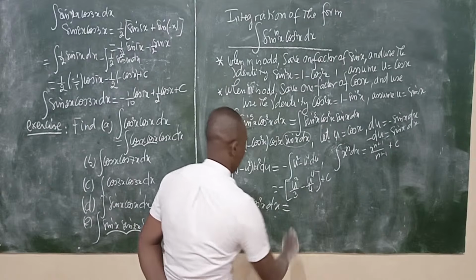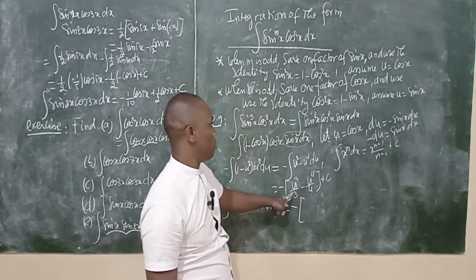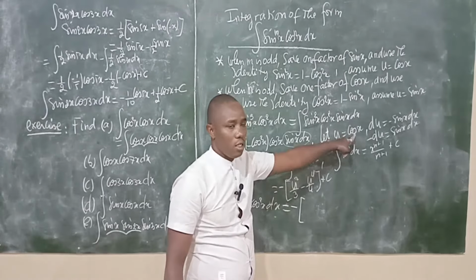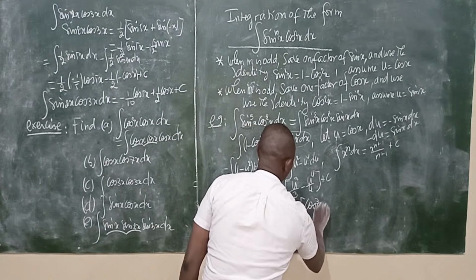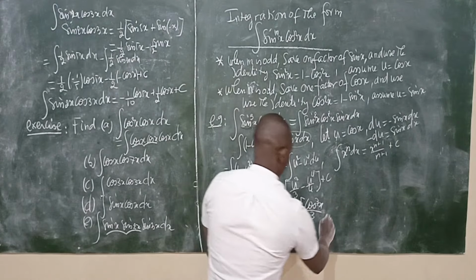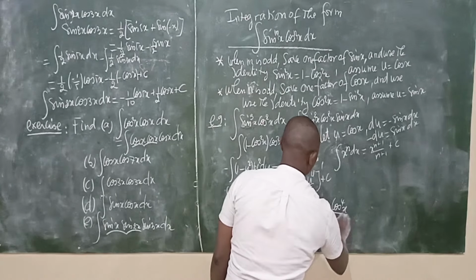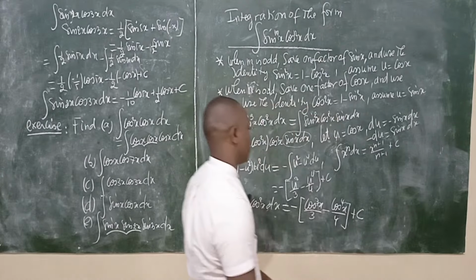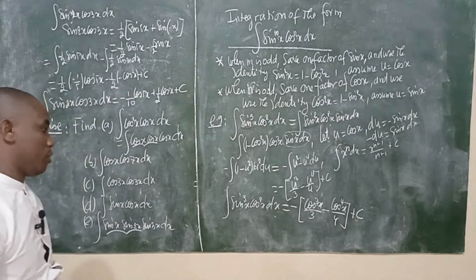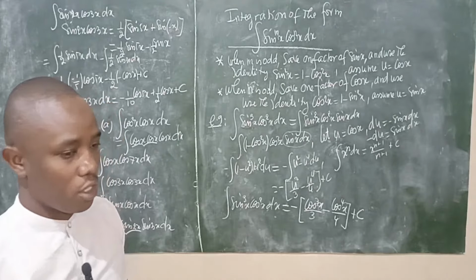This will be minus, what is u? u was cosine x. Here is cosine^3 x over 3 minus cosine^4 x over 4 plus a constant of integration. That constant can be any number of your choice.